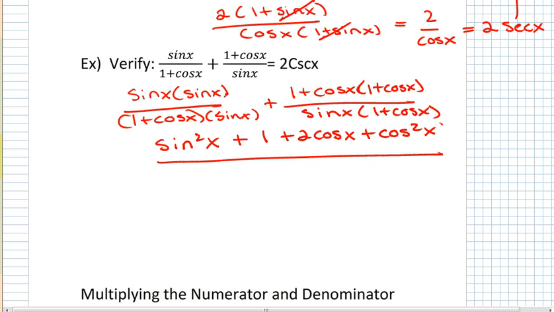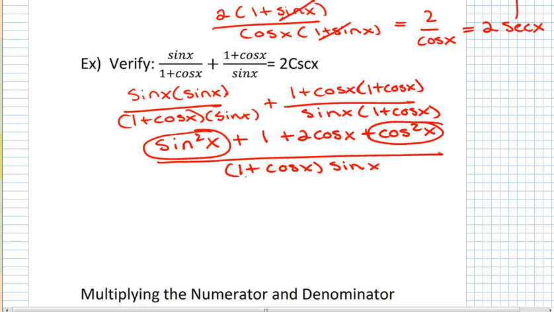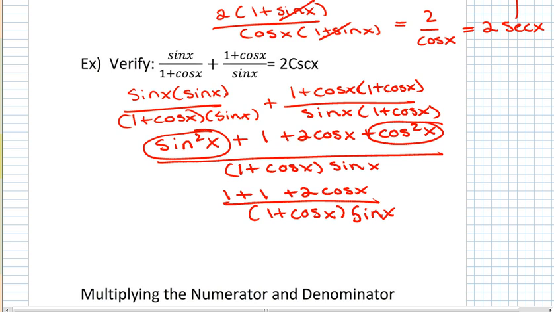Then remember, you have sine squared plus cosine squared, so that's equal to 1. Hold on, I'm just going to write the denominator again. So sine squared plus cosine squared is 1. And then 1 plus 1 is 2.